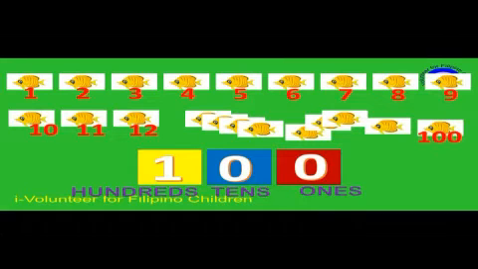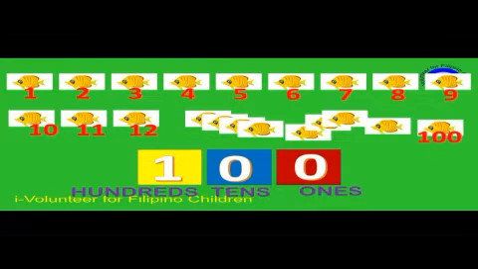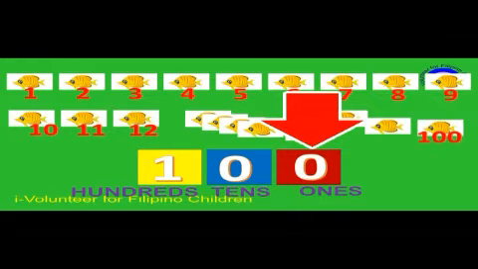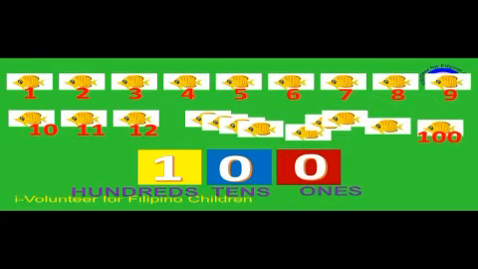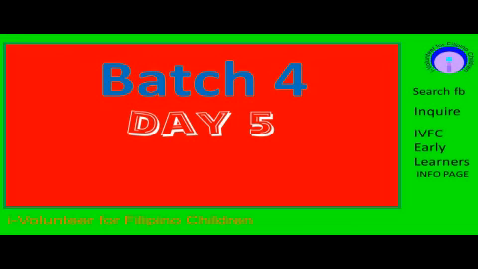O ayan na, meron ng laman ang hundreds place at ang tens place ay 0. Likewise, ang ones place ay may 0 digit. As a summary, for a 3-digit number, there is a place, and each place there is a value. I hope you learned something today on place values.